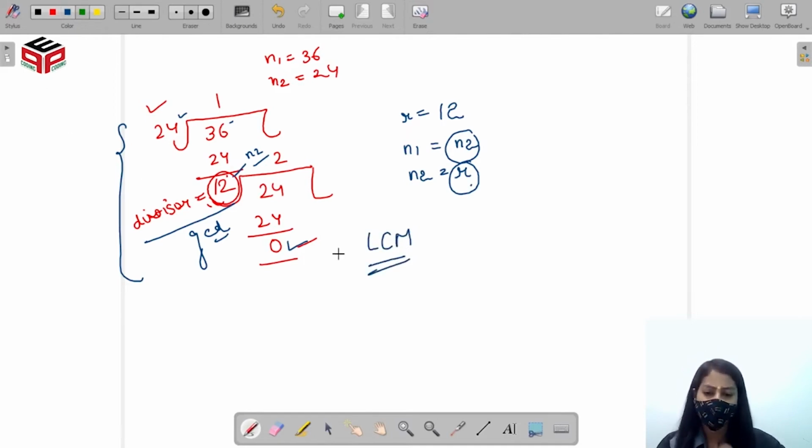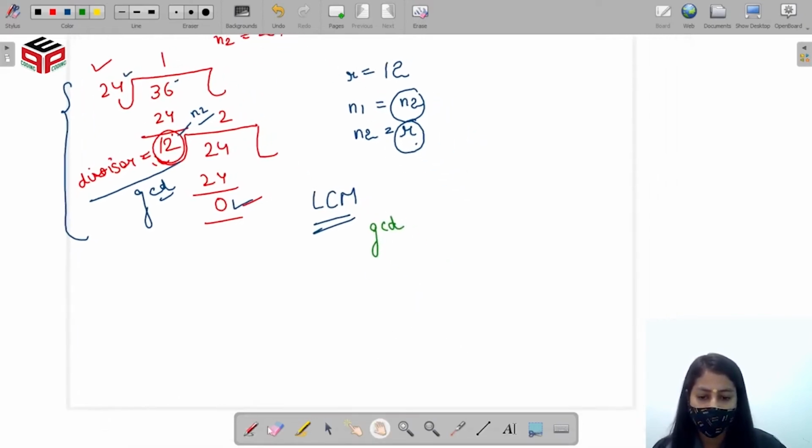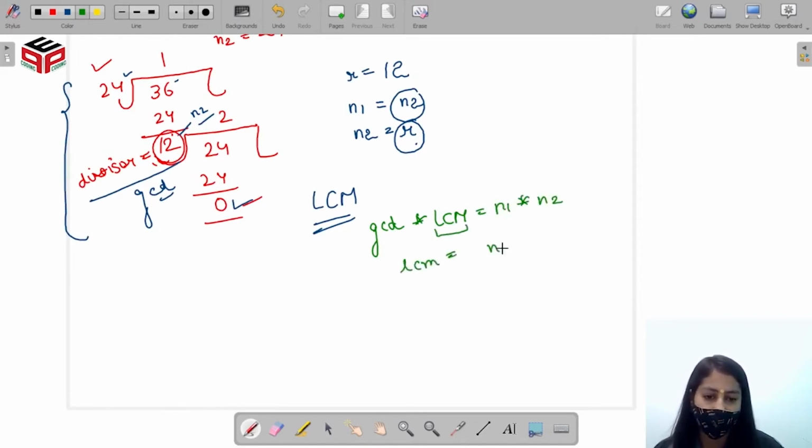In our smaller classes, we discussed a formula that GCD times LCM is equal to the multiplication of the two numbers. So we can find the LCM from this formula, that is LCM equals the multiplication of the two numbers divided by the GCD, right?